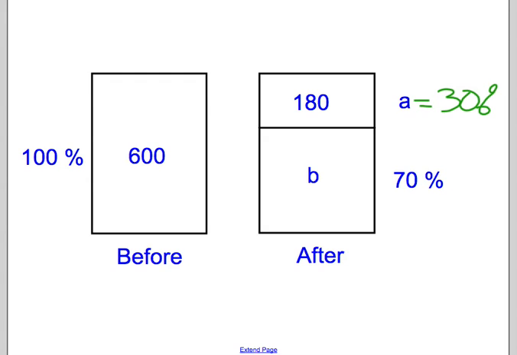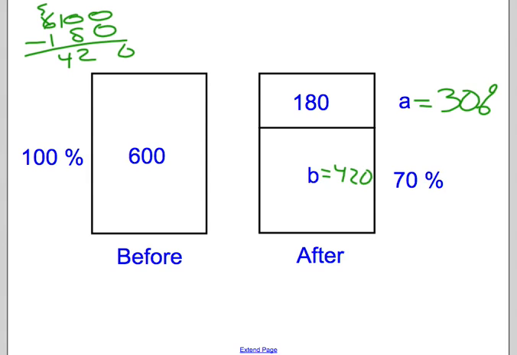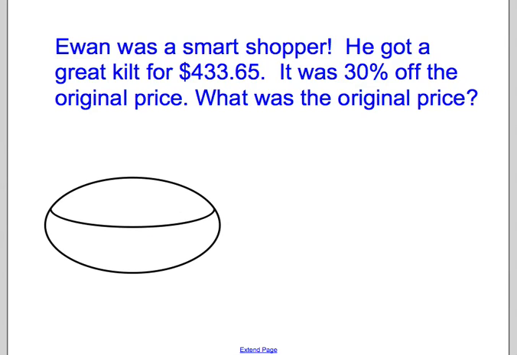So what did she say? 600 minus 180. Do your borrowing. 420. Okay. Now, what does this have to do with anything? I'm modifying the diagram a little bit from the way the book shows it and what we just did there, but you get the idea.